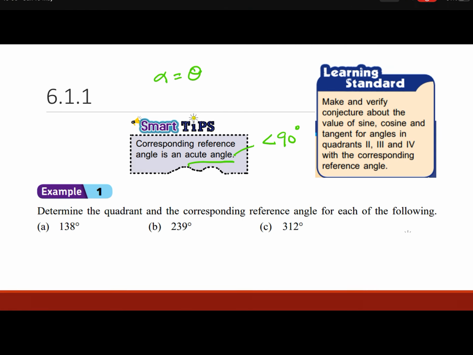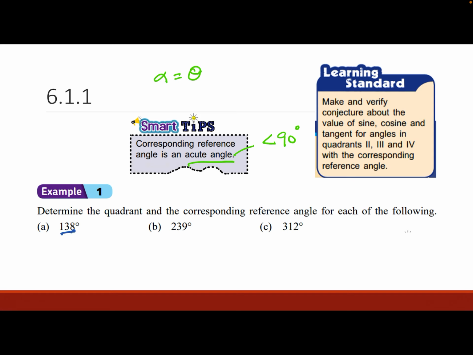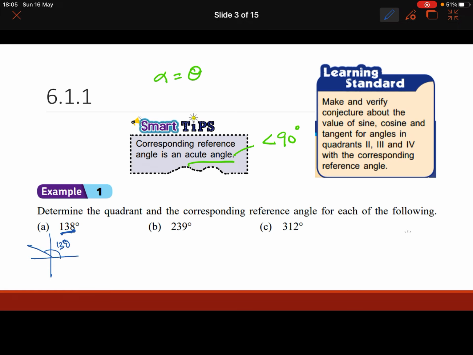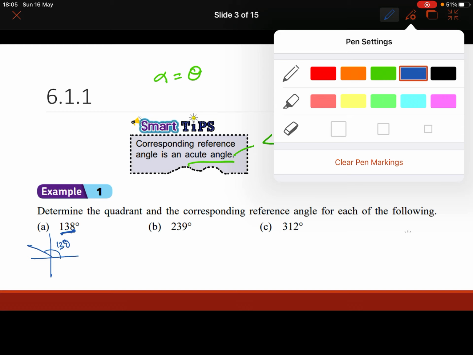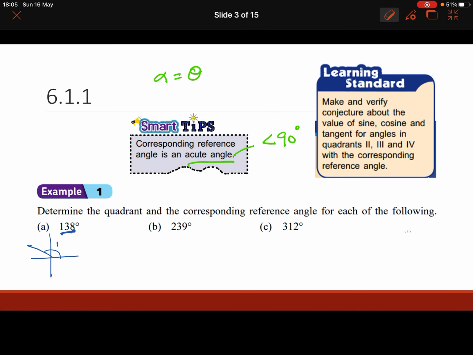138. So 138, in which quadrant is it? In the second quadrant, because the value is in between 90 and 180. So 138, it's basically like this. 138 degree.